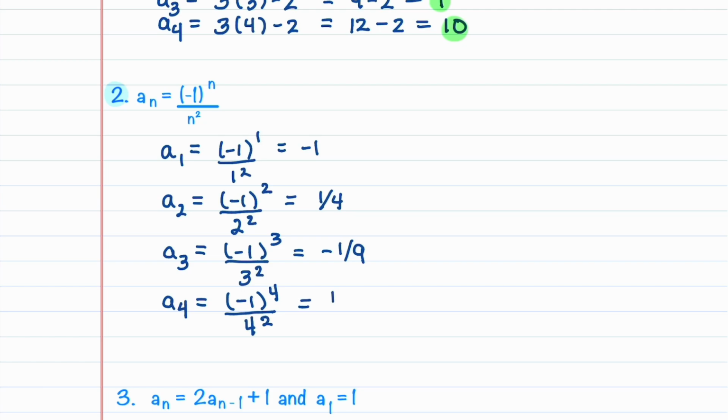So this is equal to 1 over 16. Our terms then are minus 1, 1/4, minus 1/9, and 1 over 16. Notice that when you have a minus 1 to the n, the sign alternates, and it starts with a minus.